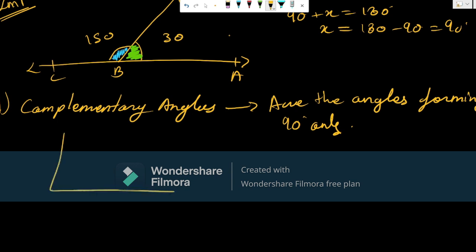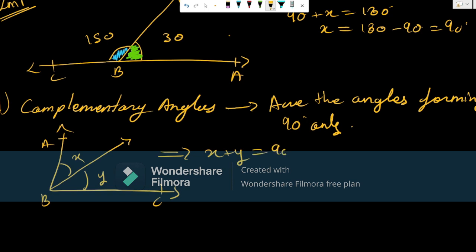Let's take a right angle here and another line which bisects it. So there are two angles formed now. This will be called x and this y. When we combine x plus y, this should give us 90 degrees.